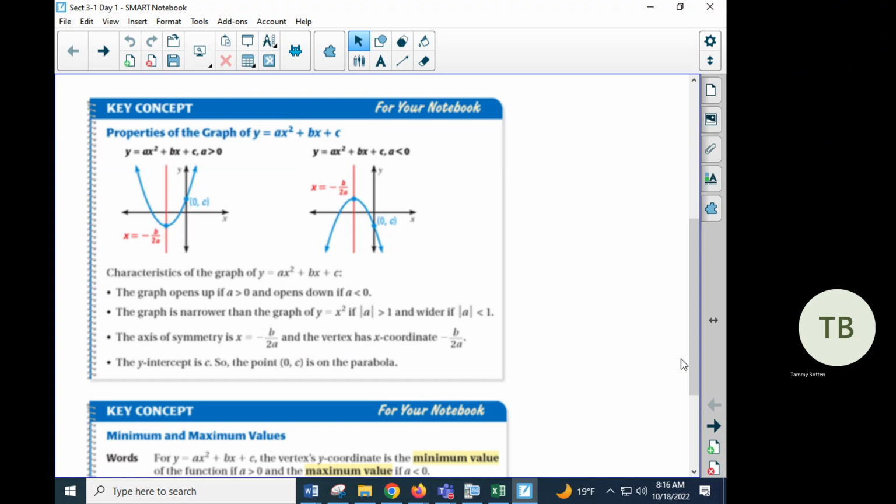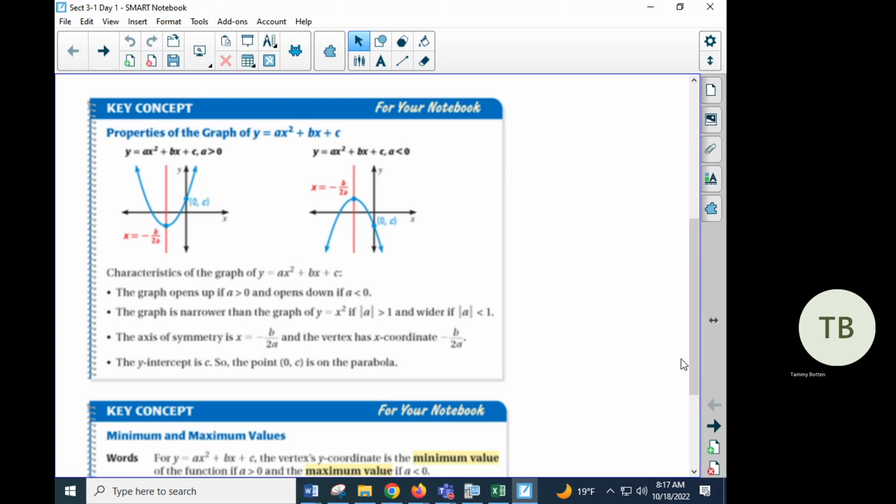If what is in front of x squared is positive, your parabola is going to open up.